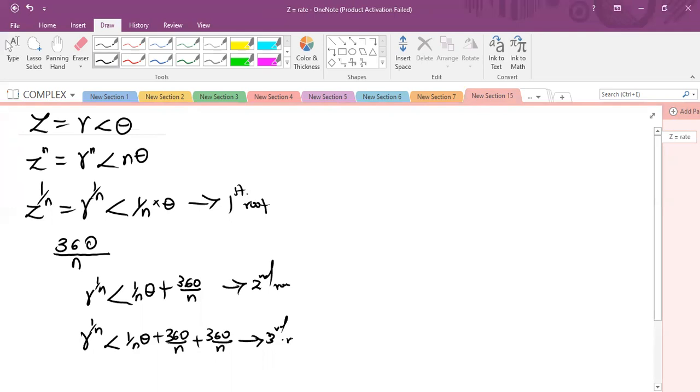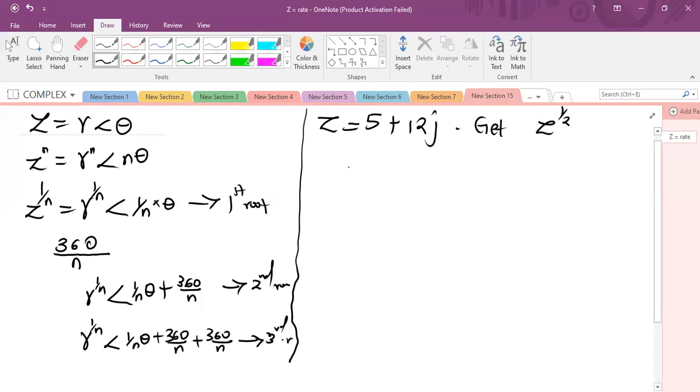Determine the square root of this particular complex number. So z is equal to 5 plus 12j, and then you're being told to get z raised to power a half. Now, note one thing, guys, this z is in Cartesian form.